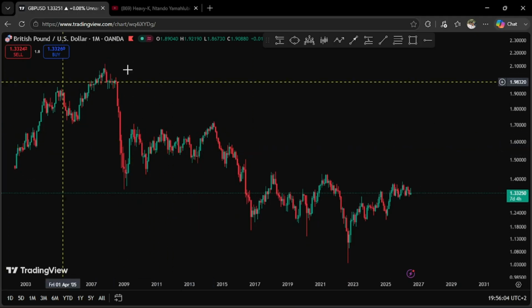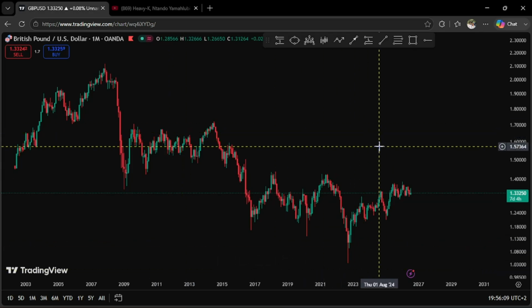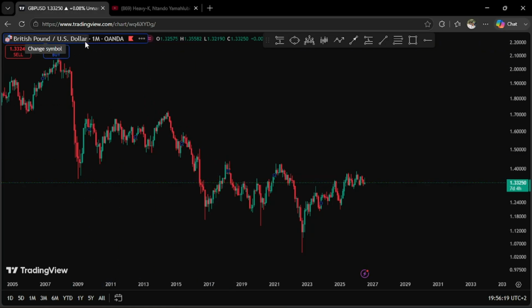EU and GU move almost the same price action, because E is for the euro and G is for the Great Britain pound. So these things are almost just related.